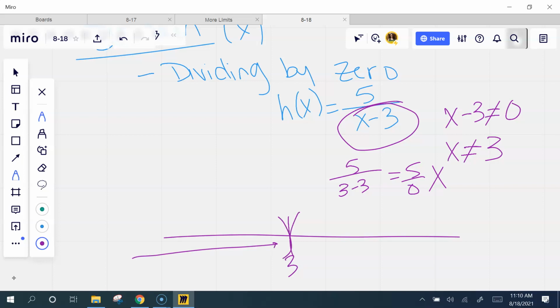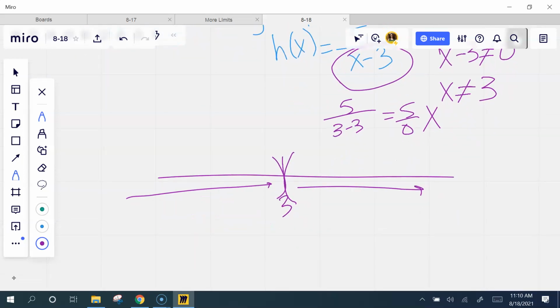Then I pick up on the other side and include all of these values. So I say from negative infinity to 3, union, 3 to infinity. It's exclusive. It does not include 3. So to leave a single value out, back-to-back parentheses.